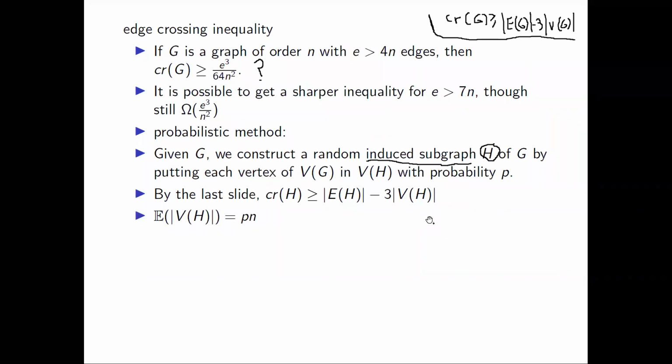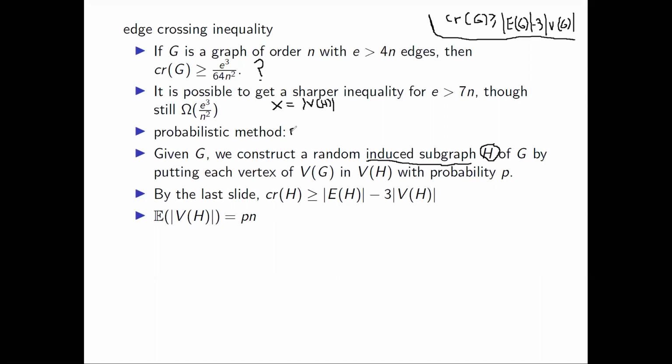And we can calculate some expectations now. So first, let's define a random variable, X. X, this random variable, will be the cardinality of the vertex set of H. And in order to calculate X, it's useful to define some indicator random variables.